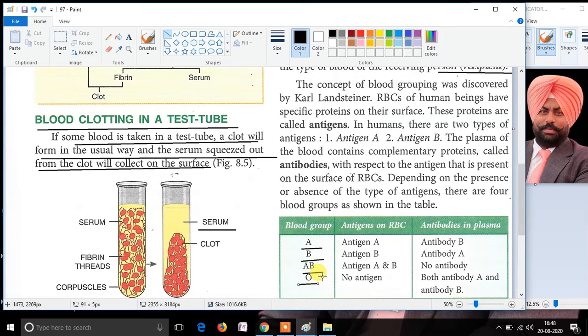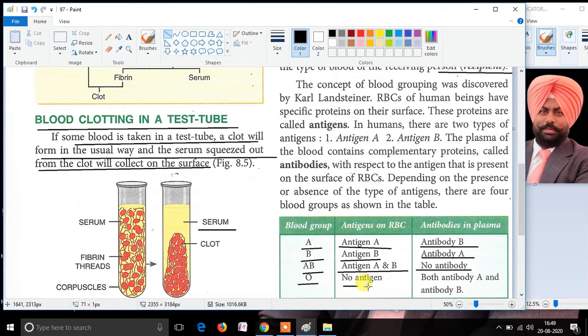Blood group A has antigen A in it while it has antibody B in it. Blood group B has antigen B in it while it has antibody A in it. Blood group AB has antigens A and B both while it doesn't have any antibody in it.